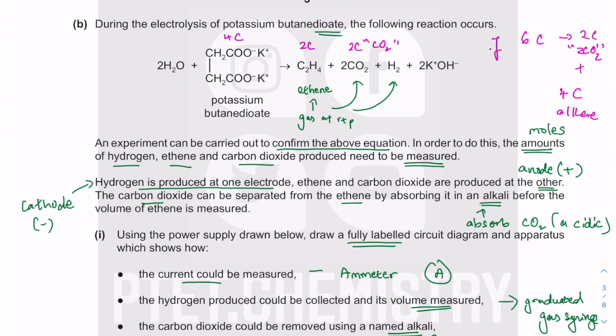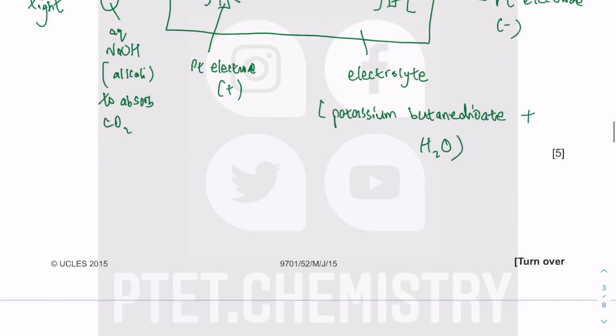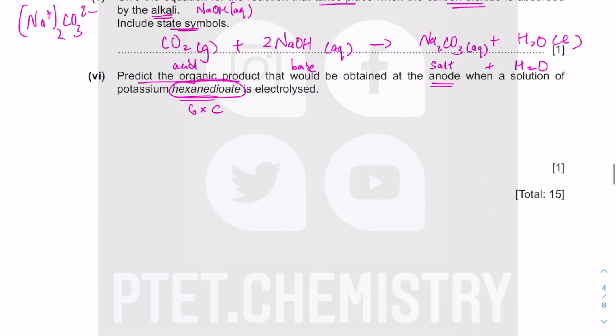So a 4 carbon alkene would mean that actually this is a bit tricky. This is actually very tricky. Let me try and visualize it. So like this, 1 2 3 4 5 6, like that. This bit there will give you the CO2, and this bit here will give you the CO2.